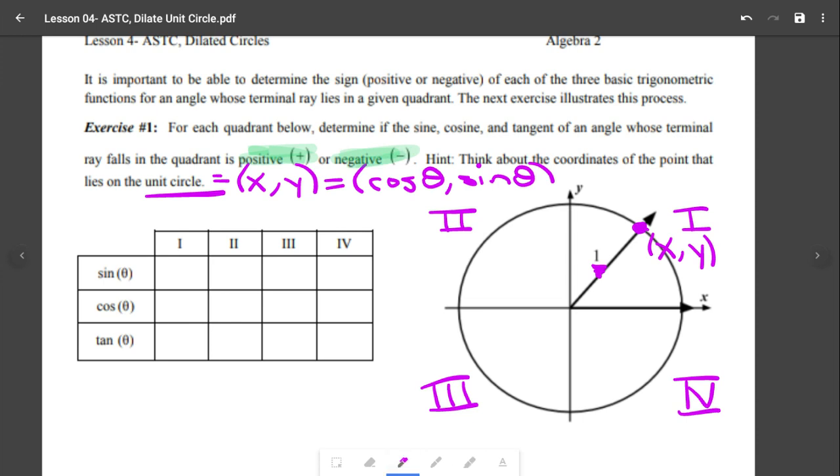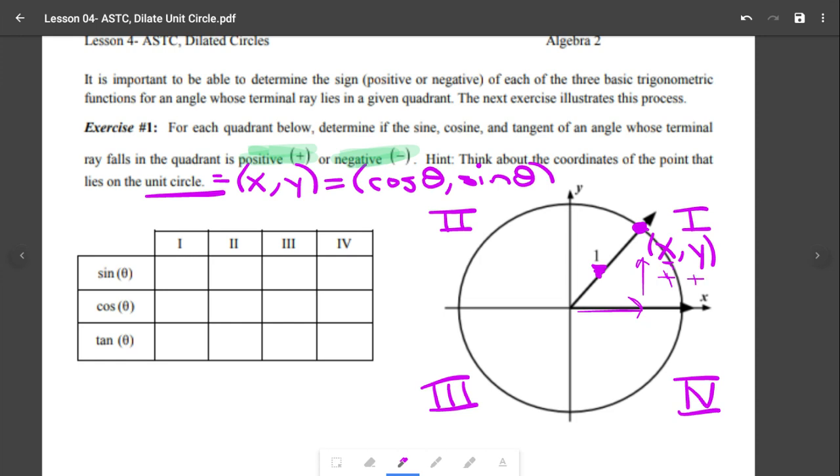So in the first quadrant, to get there, you would have to travel to the right and then travel up. So traveling to the right means that your x-axis is positive, and traveling up means that your y-axis, you are also on the positive side.